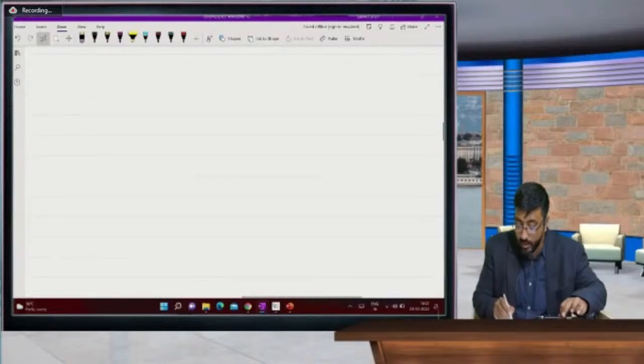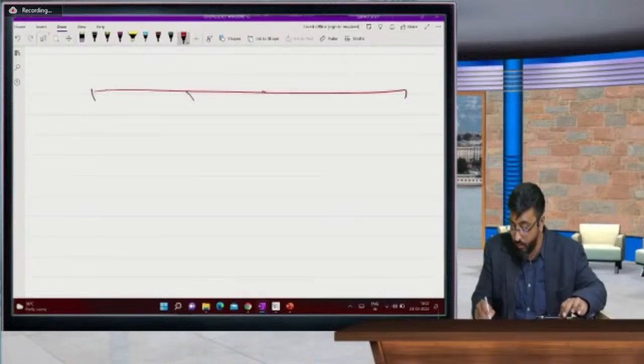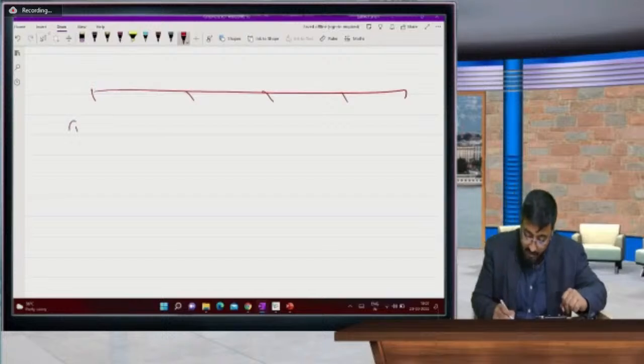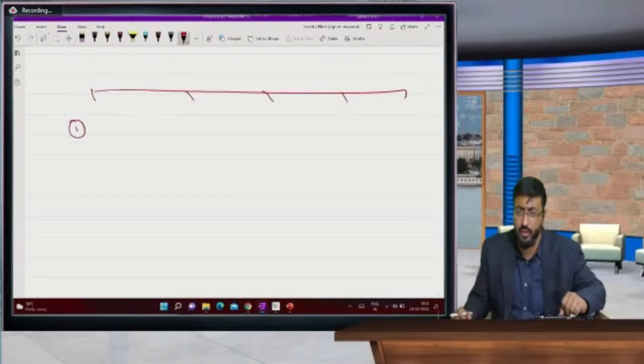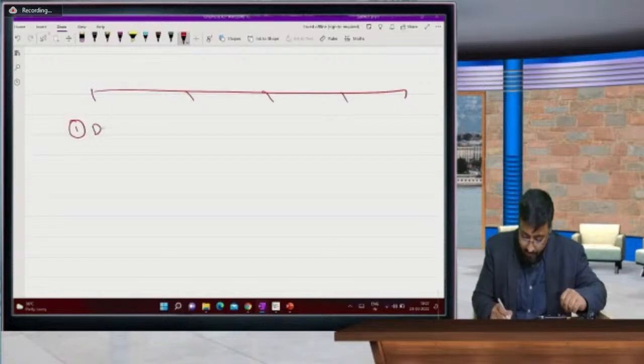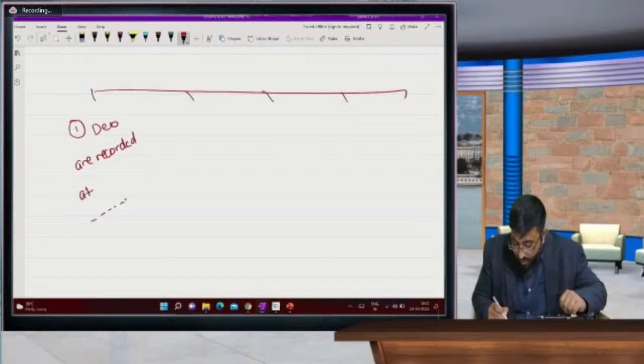So 4 questions that now I am going to ask you. First question related to this chapter only. First question, fill in the blank. Debentures are recorded at dash dash value. Fill in the blank.